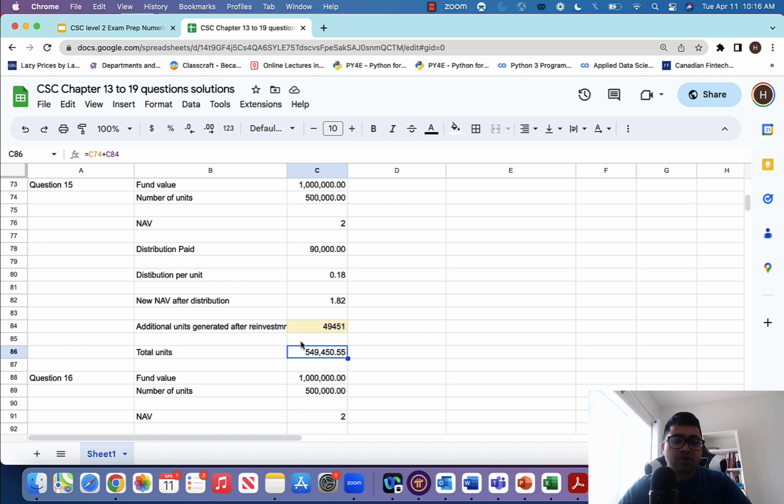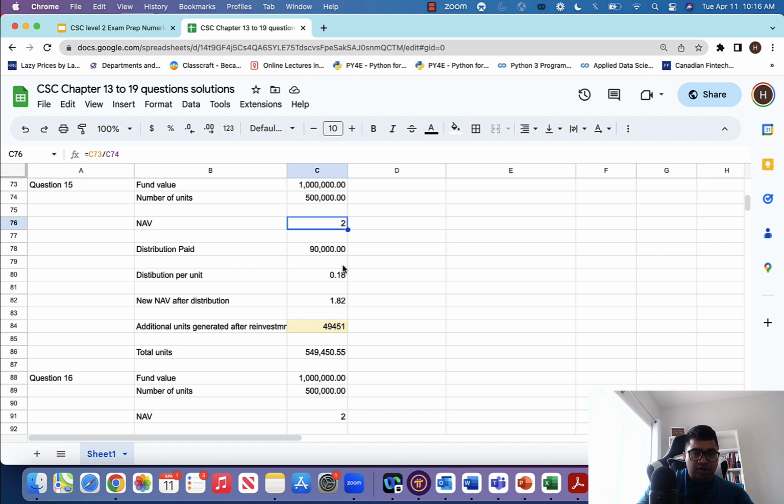So the new total that you have is 549,450. So you generate some additional units, almost 49,000 additional units that gets added into the unit count. So this is how reinvestment dividend works. So you will calculate the NAV. The NAV will drop because distribution is being paid.